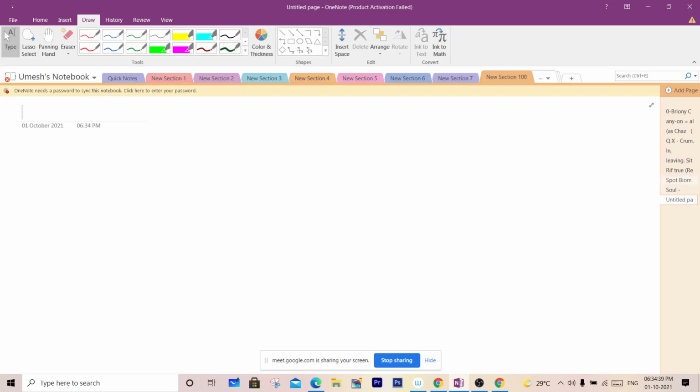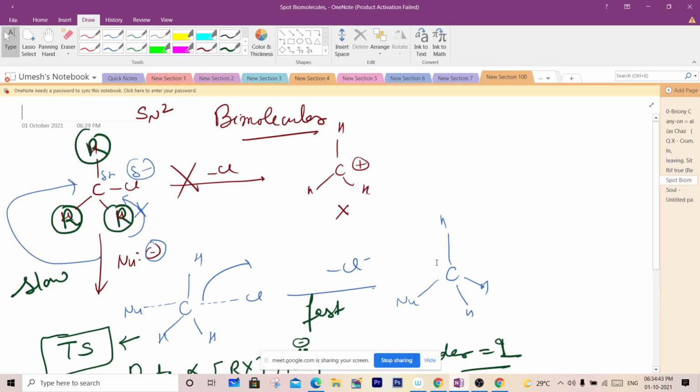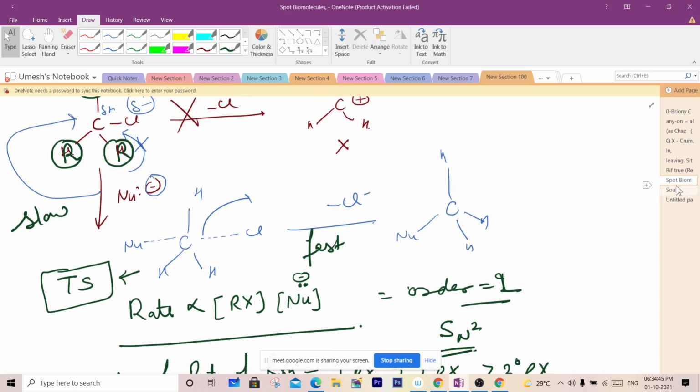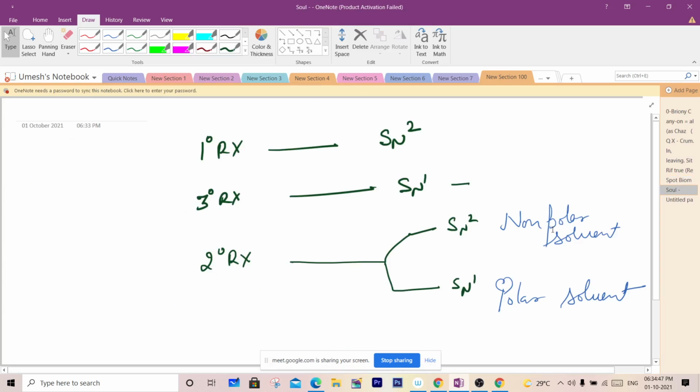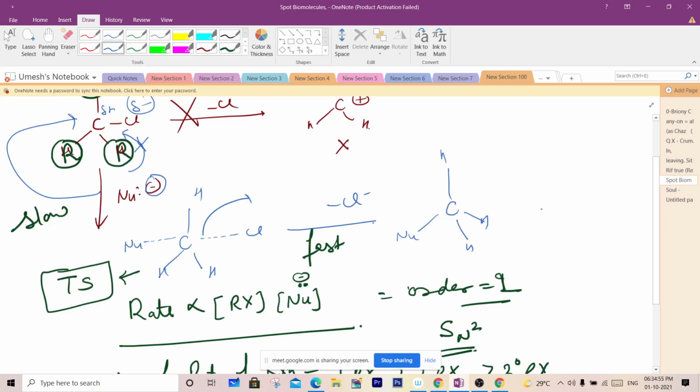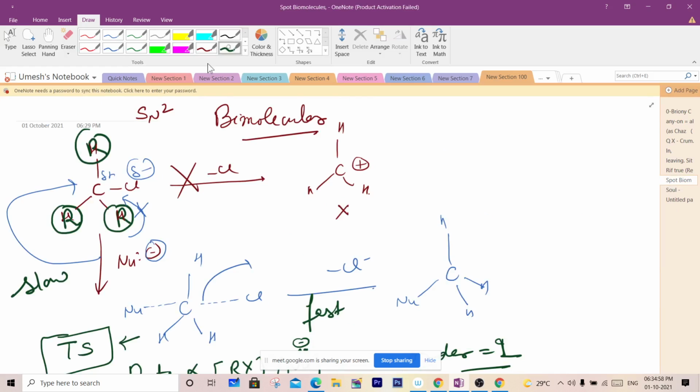Can you show that last slide? This one, yeah. Thank you. So again, coming back to this, you can see that here we have the reactant chlorine on the right hand side and the nucleophile on the opposite side.